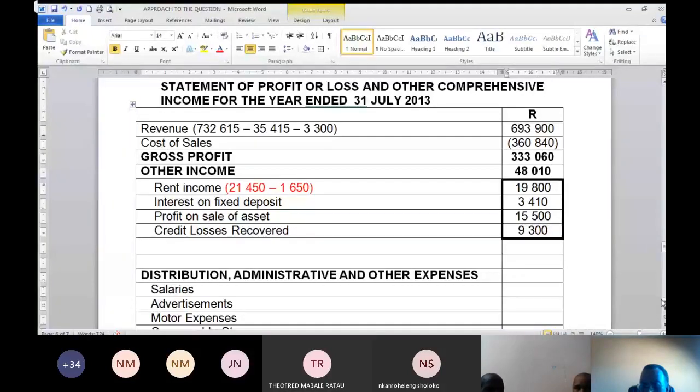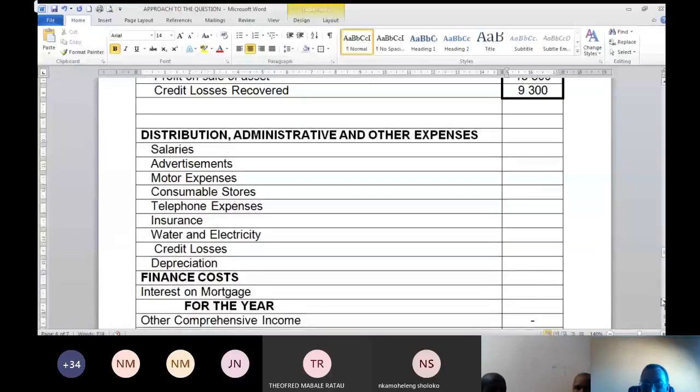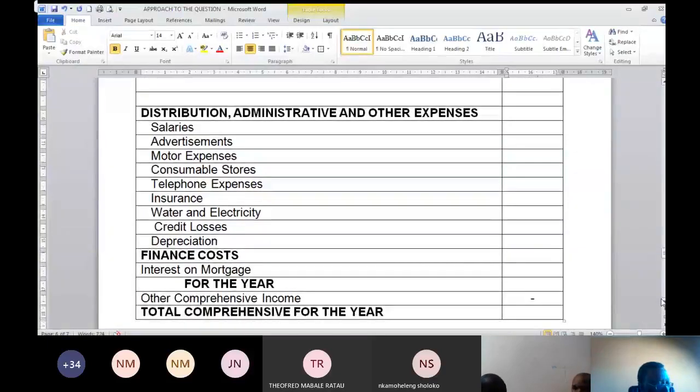We go now, guys, to our distribution, administrative, and other expenses. Distribution, administrative, and other expenses. I've got salaries, straight from the trial balance, 225,000. I've got adverts from the trial balance.